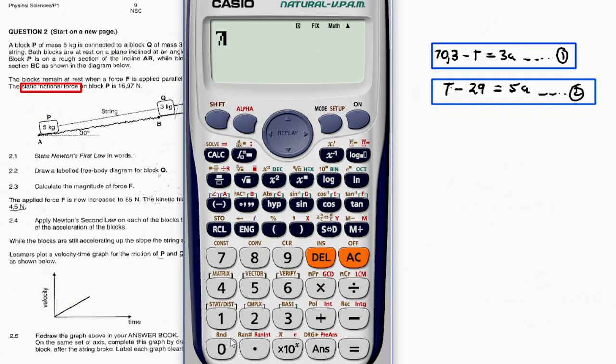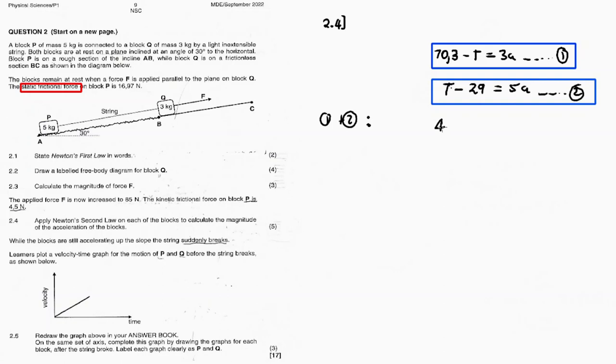So 70.3 plus minus 29 is equal to 41.3. 41.3 minus T plus T eliminate each other, equal to 3a plus 5a is 8a. Divide by 8, divided by 8.